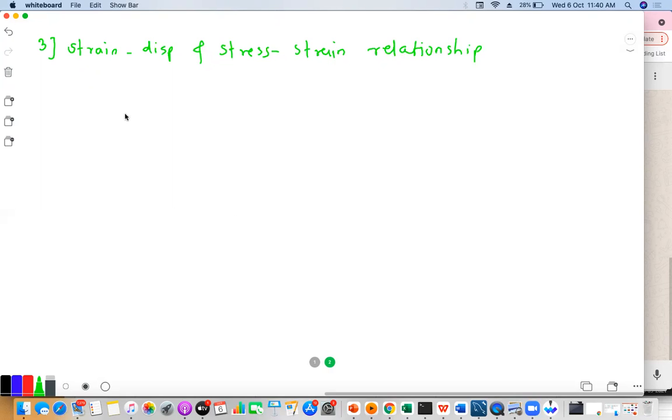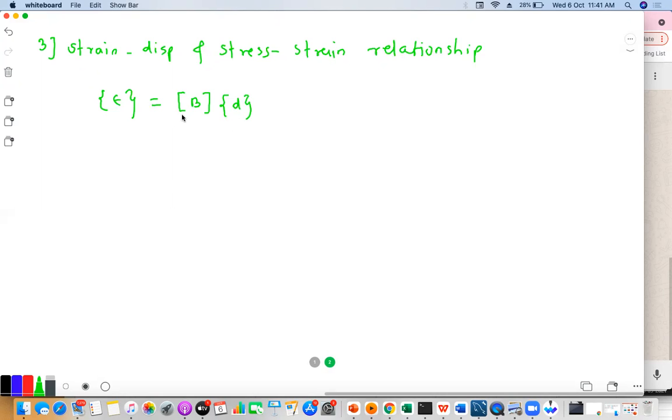Now I can write strain is equal to B into d.